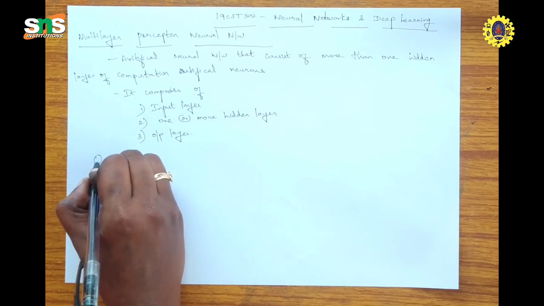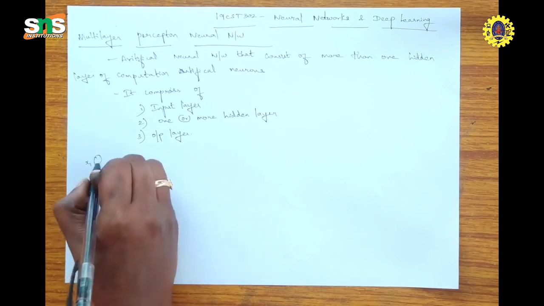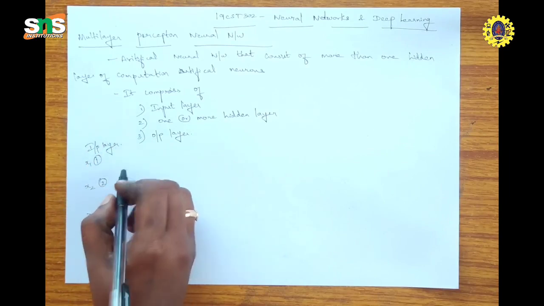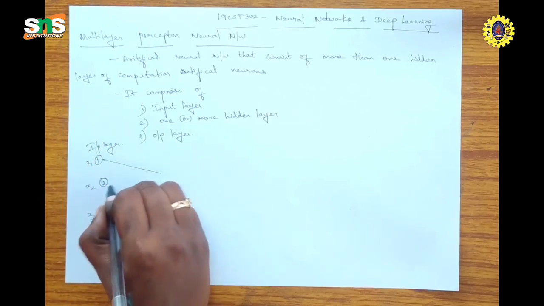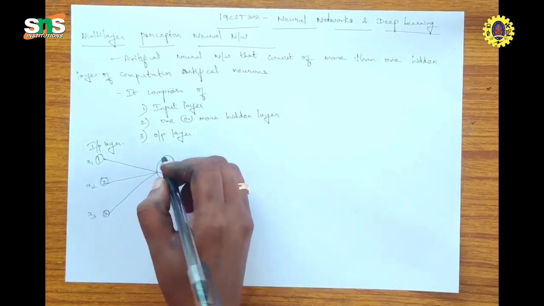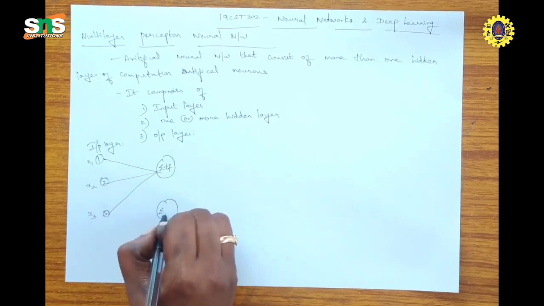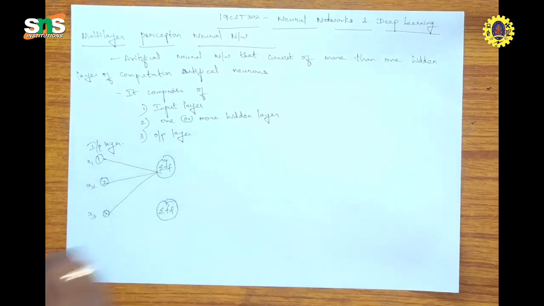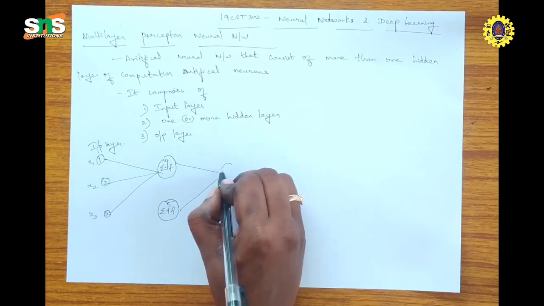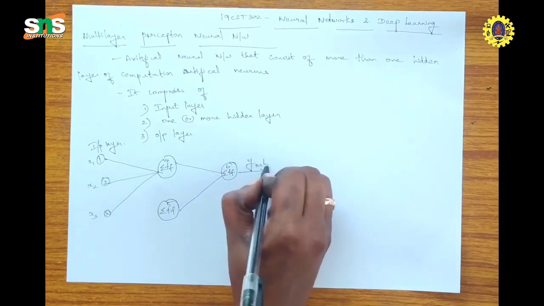Consider an example of x1, x2, x3. These are the input layers, and these input layers feed the hidden layers, where we have sigma plus f, this is 4 and this is 5, followed by another layer named 6 with a sigma plus function, and you have a y output.